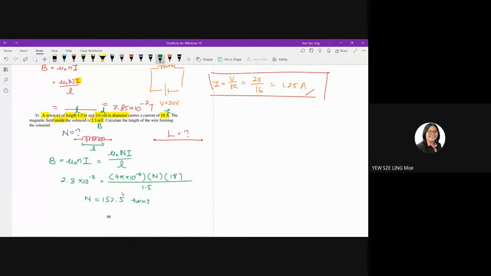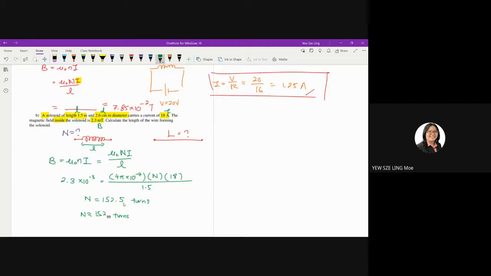So what are we going to do? N is then equal to, you approximate it to 152 turns. You round down the value. According to mathematics, 152.5 should be 153, right?